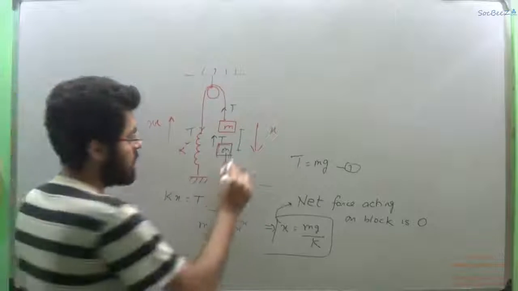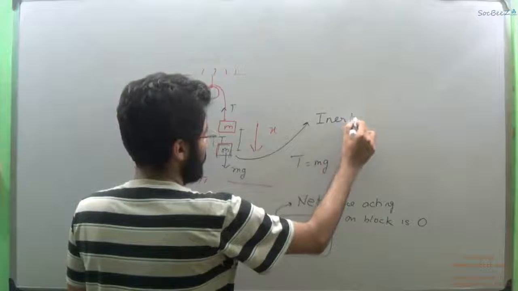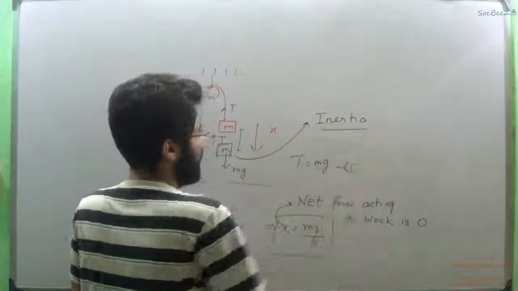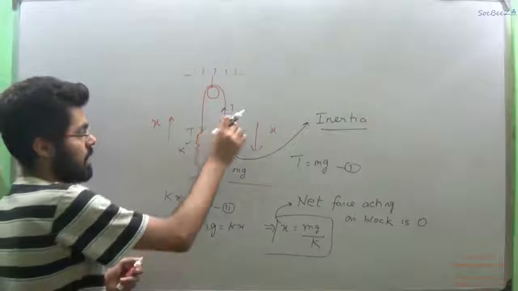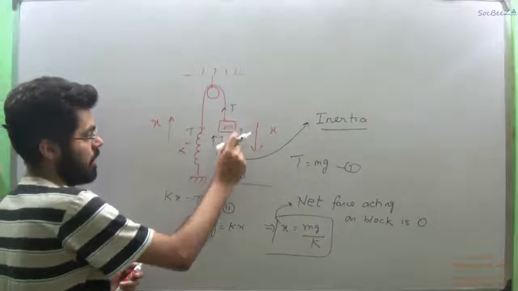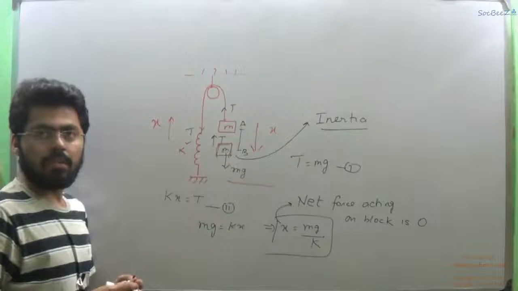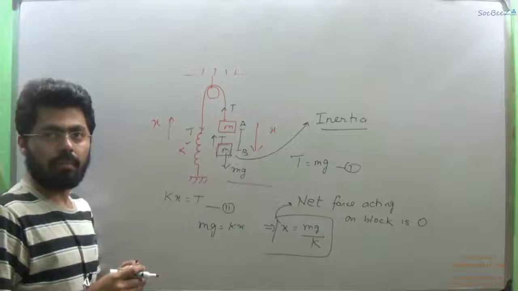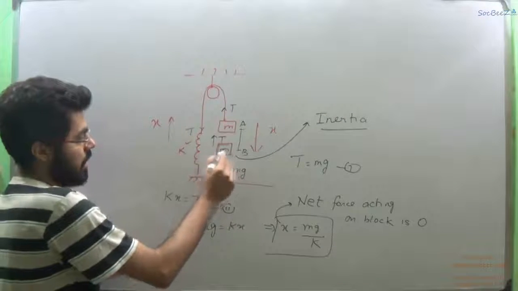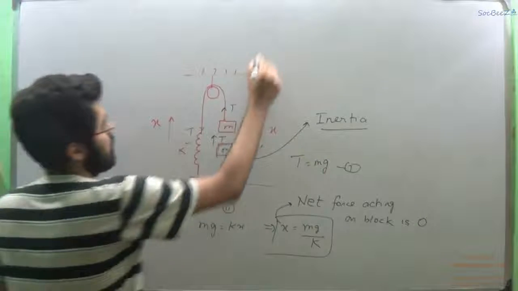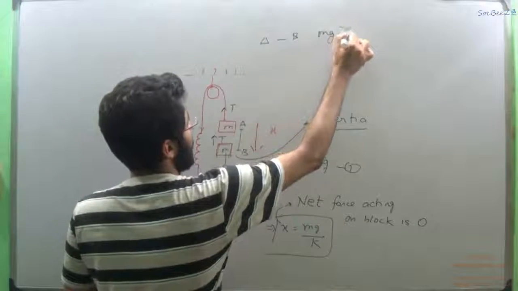The only thing we are missing is inertia. Because of inertia, when the block has travelled a distance x from position A to position B, it must have got some velocity as well. Earlier it was accelerated because during A to B, mg was greater than kx.